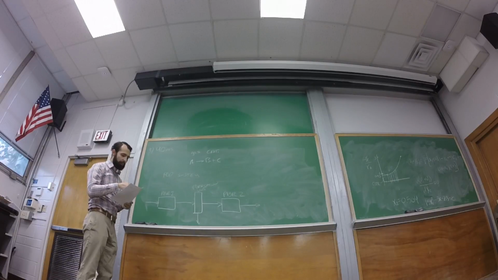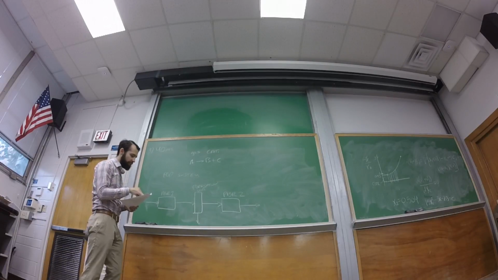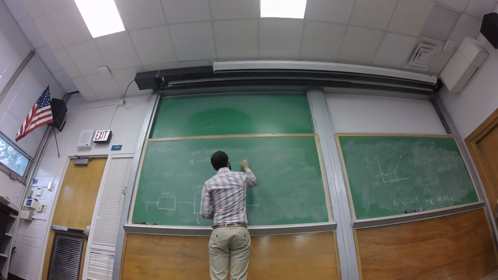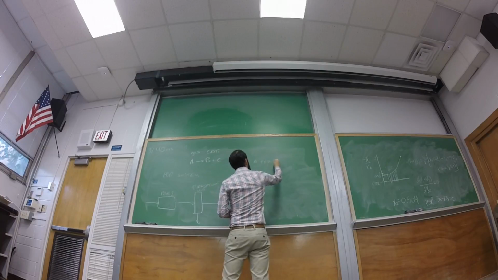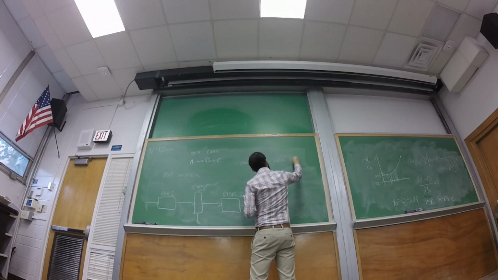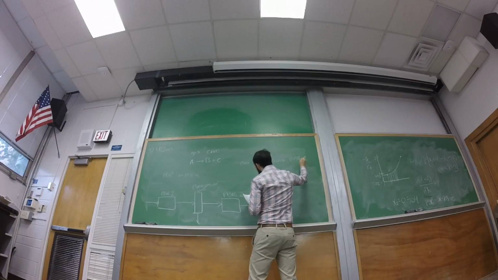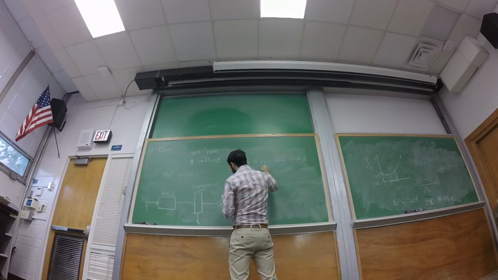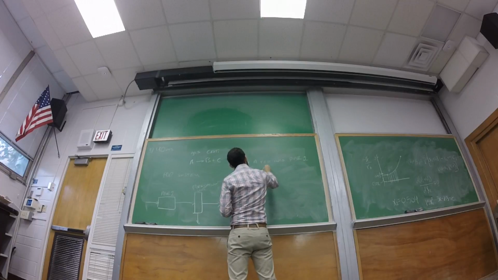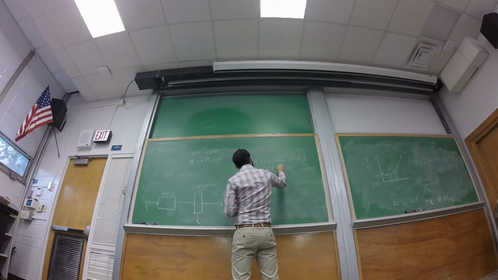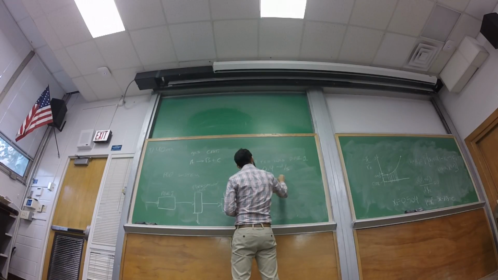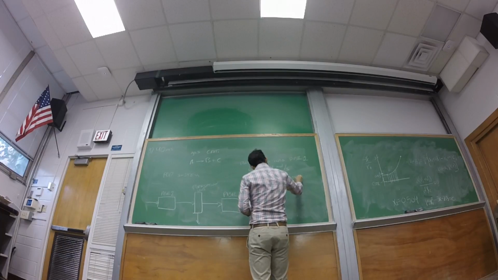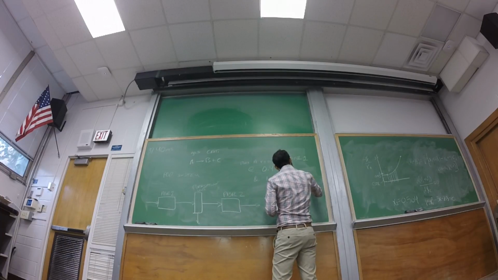All right, and the rest of the problem says pure A is fed into PBR1 at a rate of 0.4 moles per second and an inlet pressure of 3 bar.